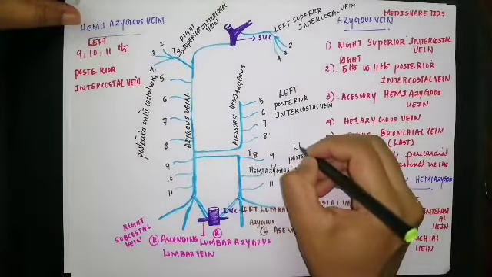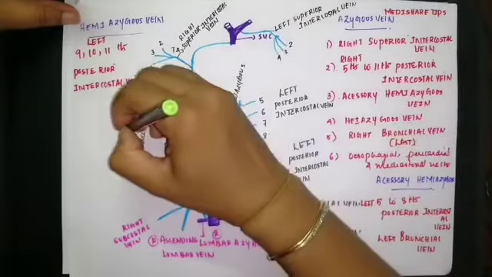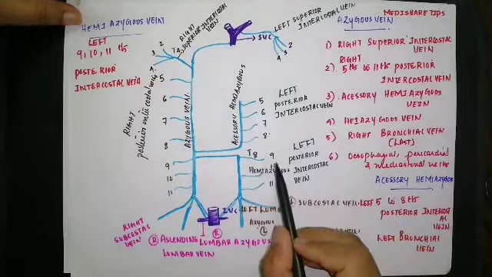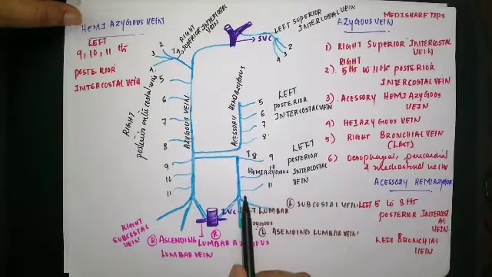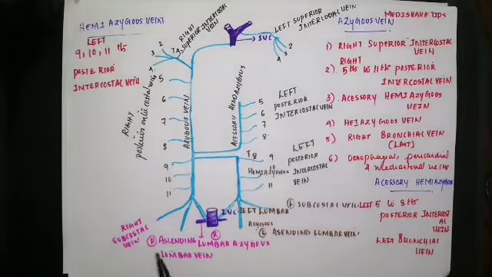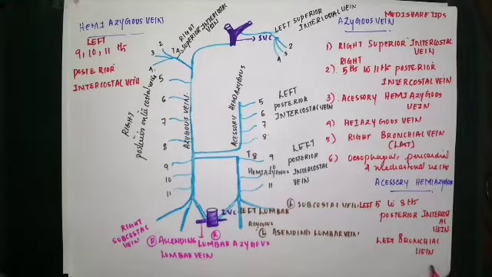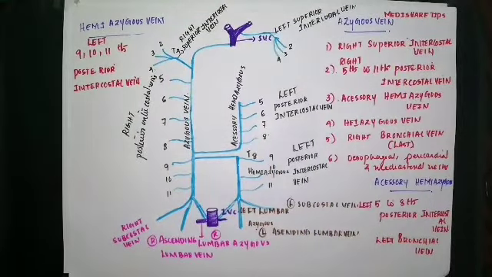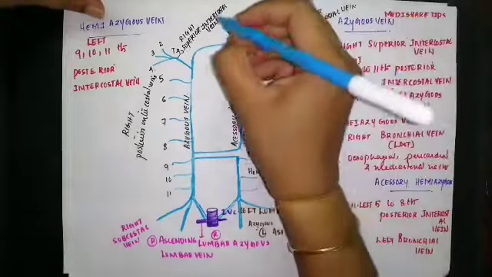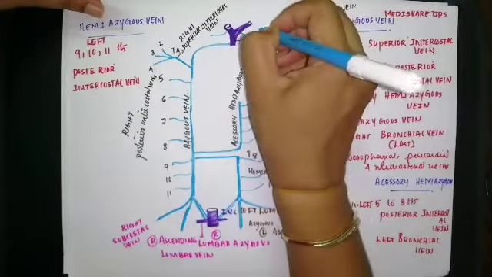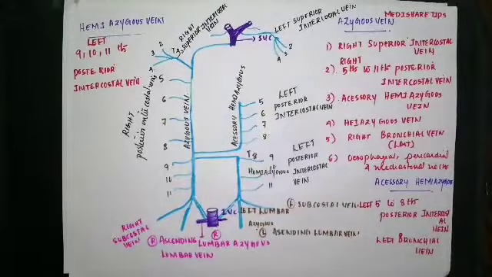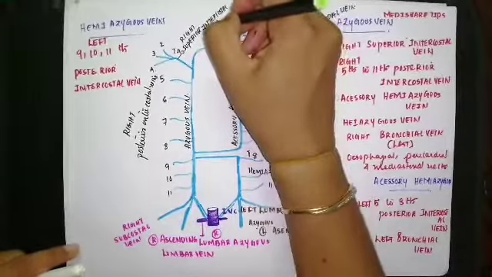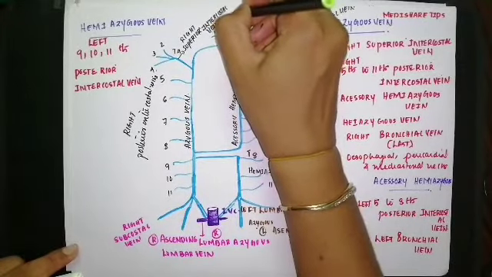Similarly, the left 9th to 11th posterior intercostal veins are draining into the hemiazygous. And the first intercostal vein, that is the supreme intercostal vein, is draining into the brachiocephalic vein.